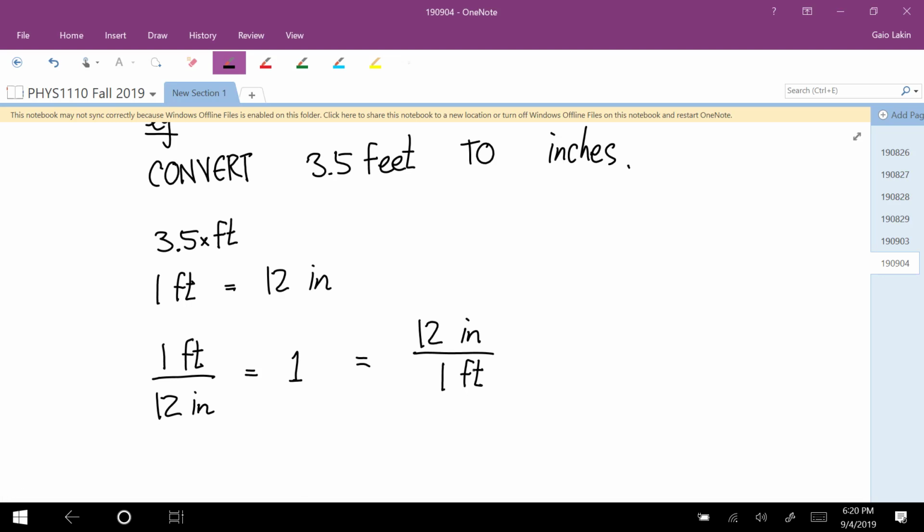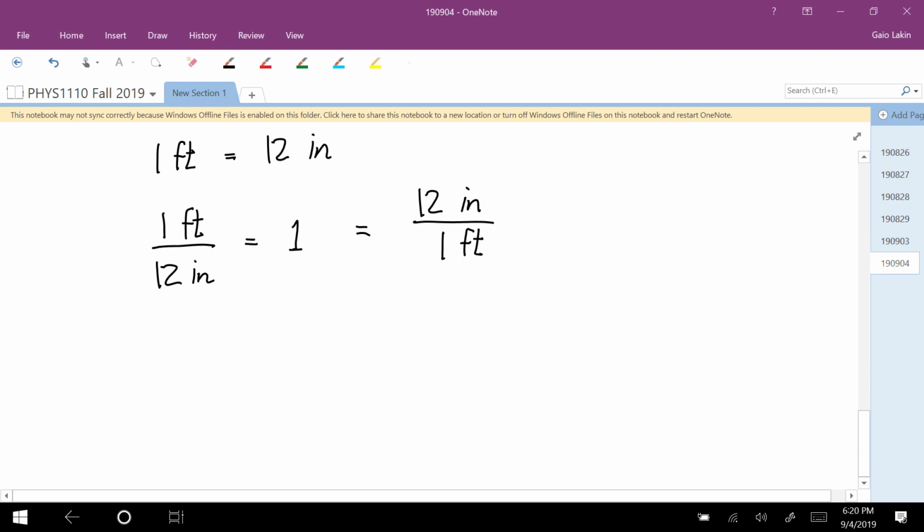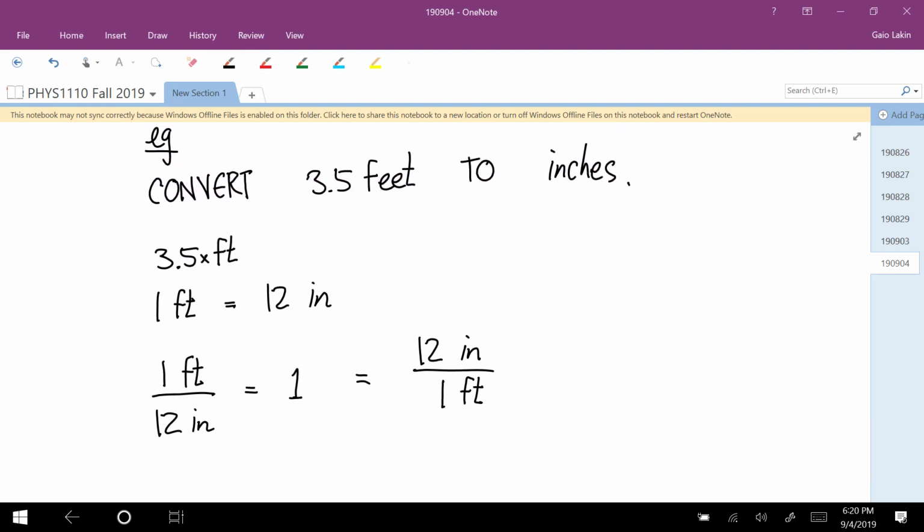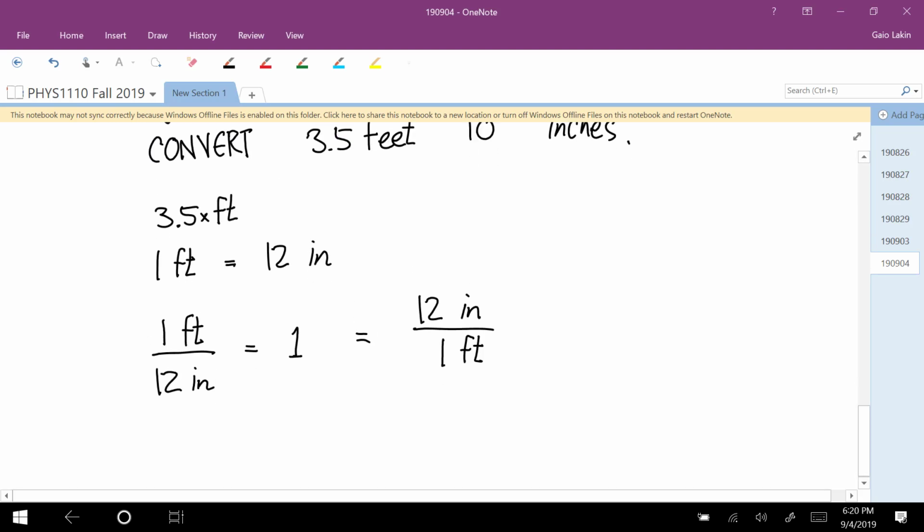And so now to do the conversion, I'm going to multiply our original quantity, 3.5 feet, by one of these two fractions. It's okay to do that. We're not going to change what that original quantity means because those fractions are both equal to 1. You can multiply anything by 1 without changing what it is. That's the main thing about 1.